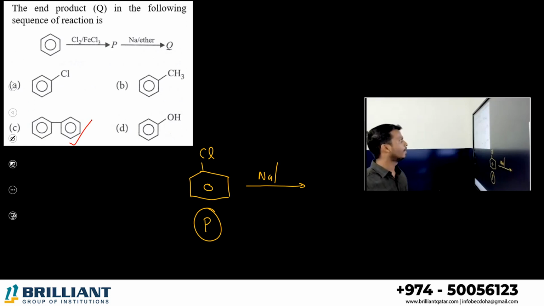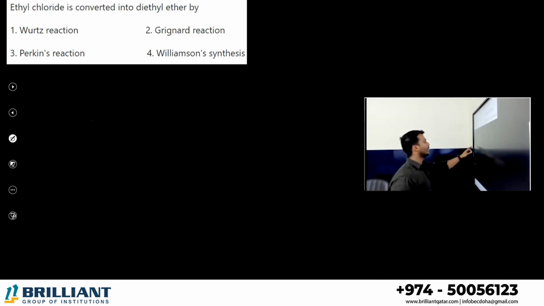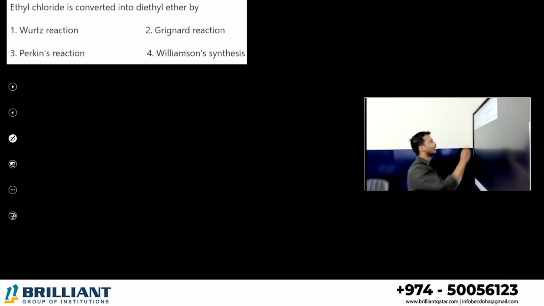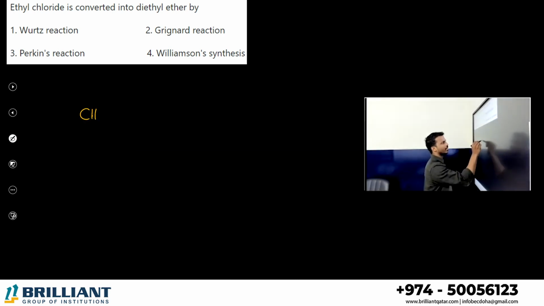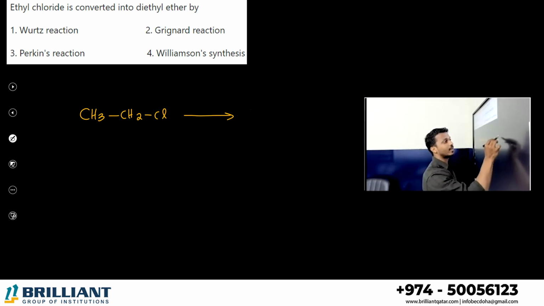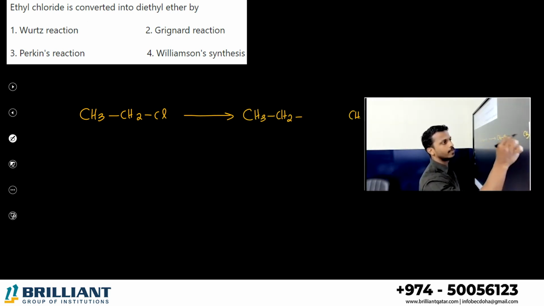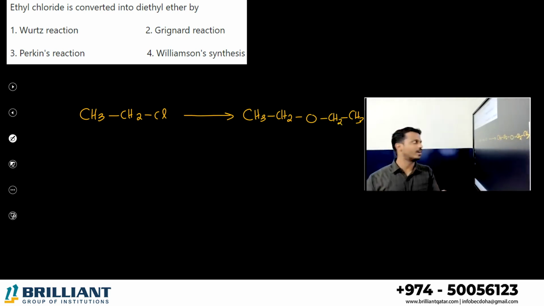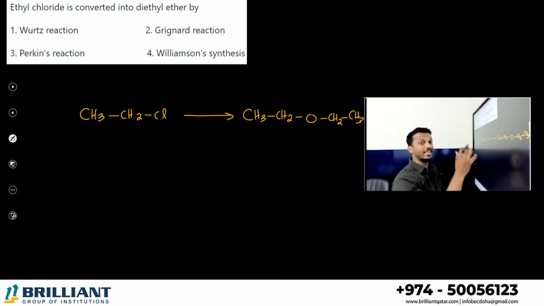That's it. Next one. Ethyl chloride is converted into diethyl ether. Which reaction? Ethyl chloride is CH3CH2Cl. You have to convert it into diethyl ether, which is one ethyl group on an ether. How can you convert a haloalkane into ether?